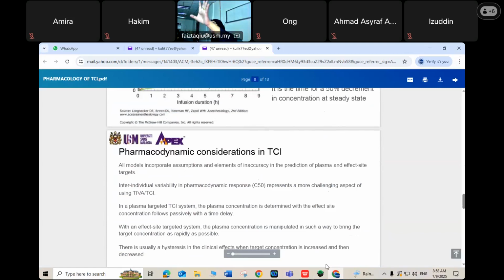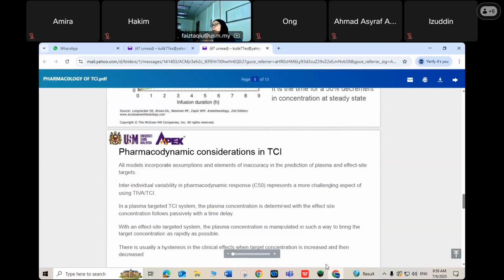With an effect site targeted system, kita boleh manipulate the plasma concentration, the V1 tadi tu. The bolus tu kita boleh manipulate so that we can bring the target concentration as rapidly as possible. That's what the machine will do. Bukan you kena sakit kepala kira. That's what the machine will do, if you use a target site.